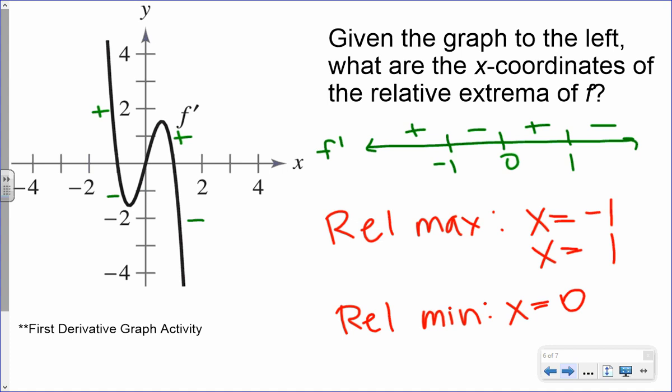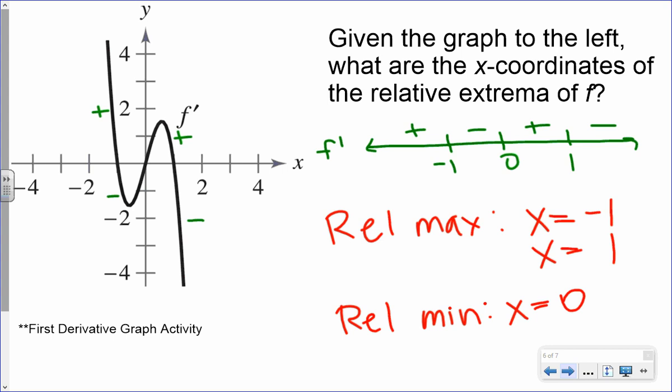Okay. This is your job for me. And I'm going to ask you to do it in a weird order. Each question is asking the same thing. I am asking you for increasing and decreasing intervals as well as minimums and maximums.